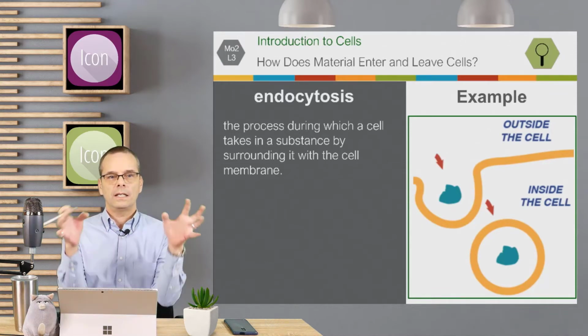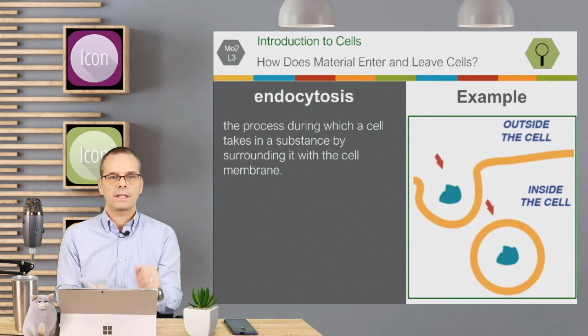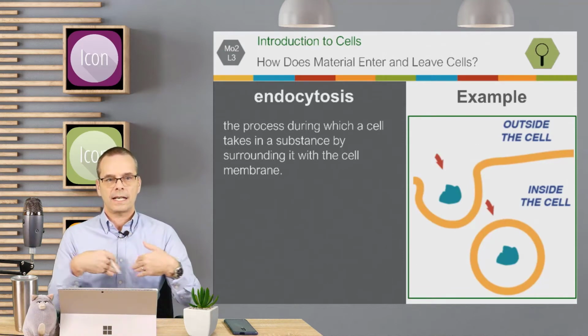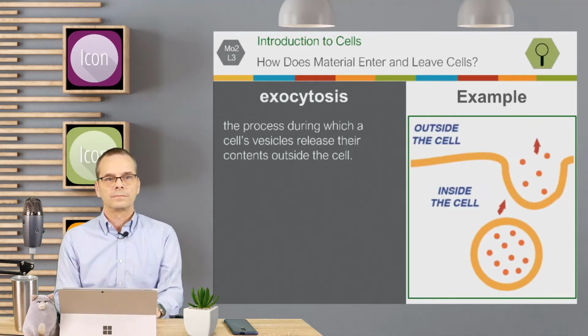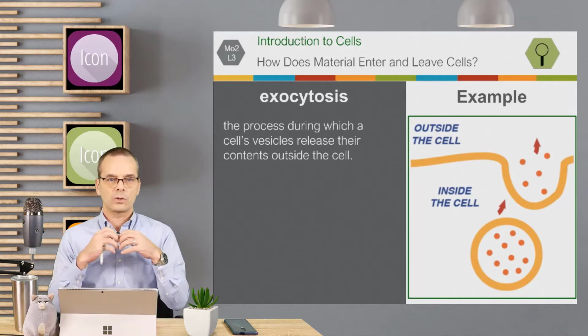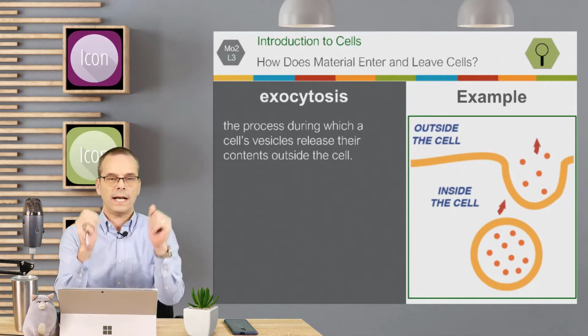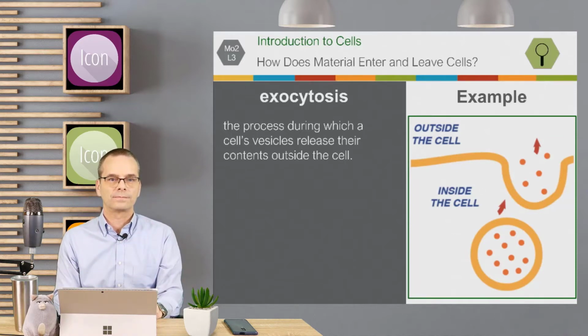So it basically envelopes the substance to take it inside the cell. Exocytosis is the process during which a cell's vesicles release their contents to the outside of a cell.